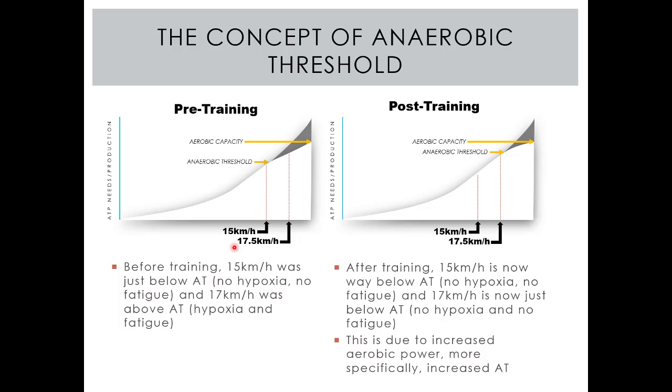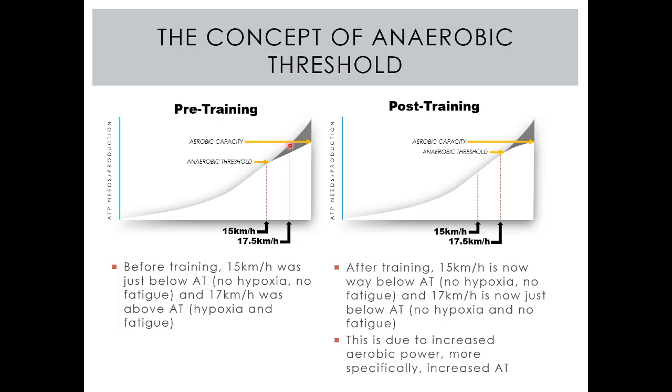If he was to run at 17.5 kilometers per hour, he would have fatigued during the 10K, and that would have been detrimental to his 10K time. A 17.5 kilometer per hour workload at pre-training would have been fatiguing because, as you can see here, this workload is a post-anaerobic threshold workload, and thus there will be a hypoxic stress causing fatigue.